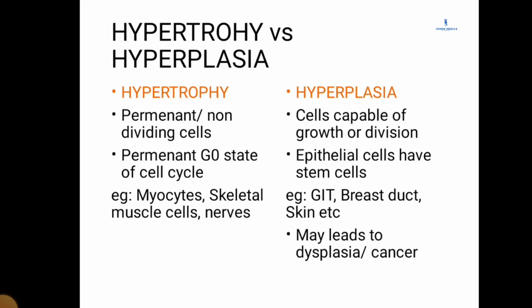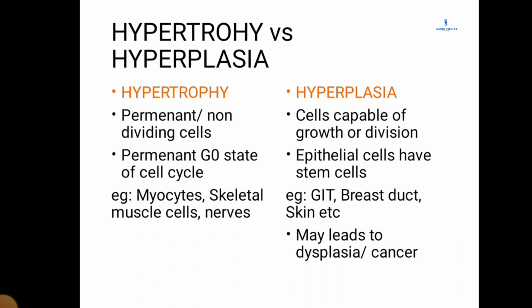So till now we have discussed hypertrophy and hyperplasia. We know that hypertrophy is an increase in cell size, while hyperplasia means an increase in cell number. Hypertrophy occurs in permanent or non-dividing cells, because in hypertrophy there is no increase in cell number, only an increase in cell size.